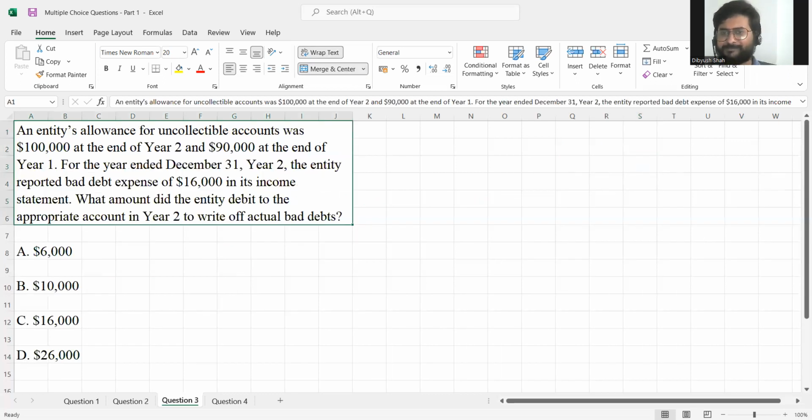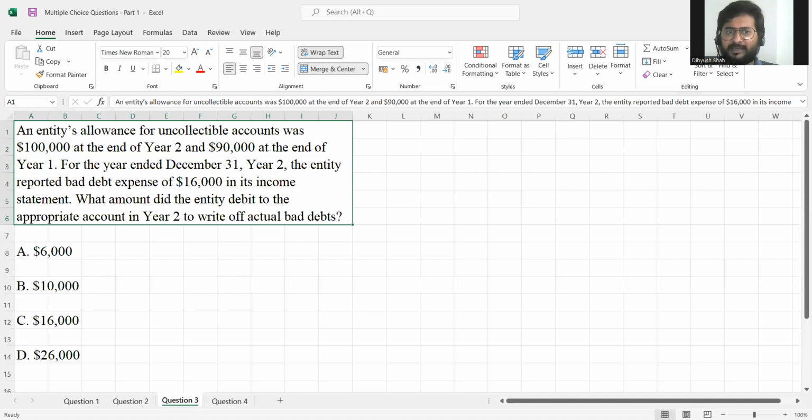Question number 3. An entity's allowance for uncollectible accounts was $100,000 at the end of year 2 and $90,000 at the end of year 1. So they are telling us the allowance for uncollectible accounts, the ledger, had a balance of $100,000 at the end of year 2 and $90,000 at the end of year 1.